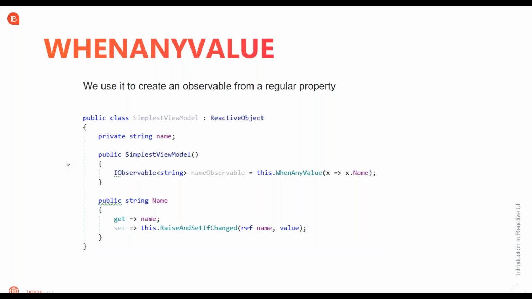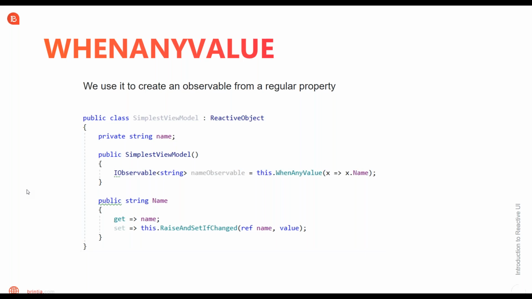This utility method only requires a lambda expression to indicate the target property that you want to get an observable from. So if you indicate the property using the lambda expression, you will get an observable that reacts to the changes in this property. Then you can subscribe to it in order to use for any action or as the input for another observable, because composition is a key part in the reactive way.